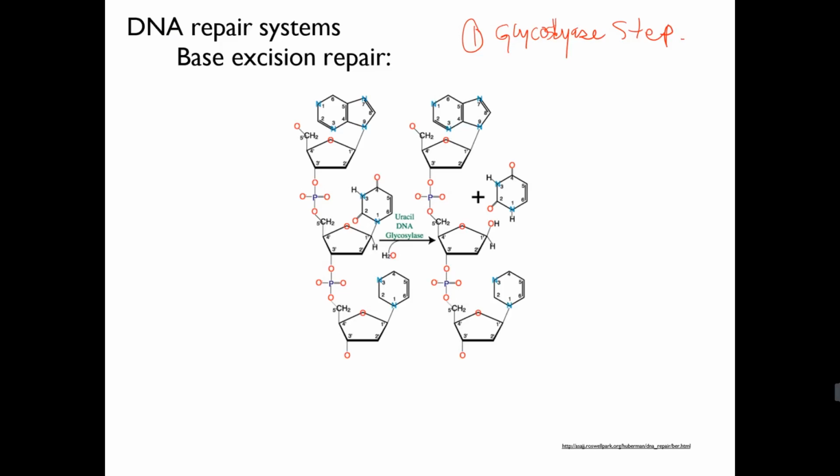And of course, the damaged base gets released. So, second thing in this figure, we're going to have cleavage of the damaged base. And this again is a hydrolysis reaction. And we release that damaged base.